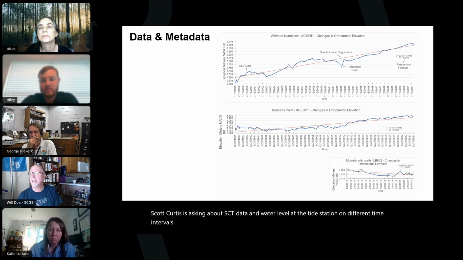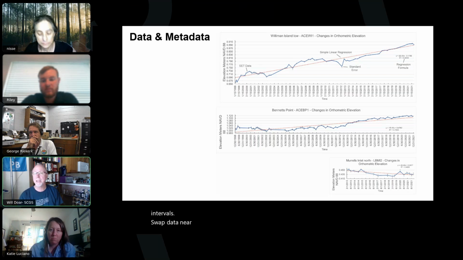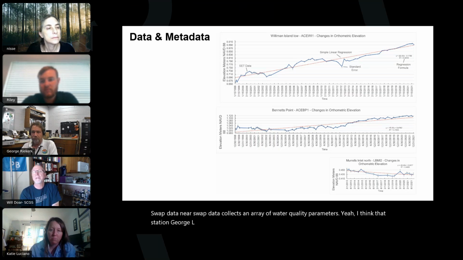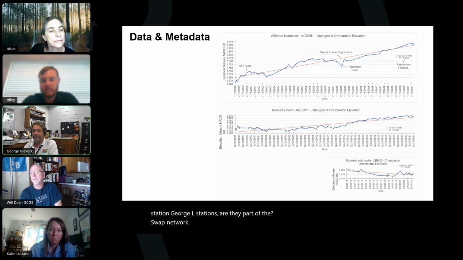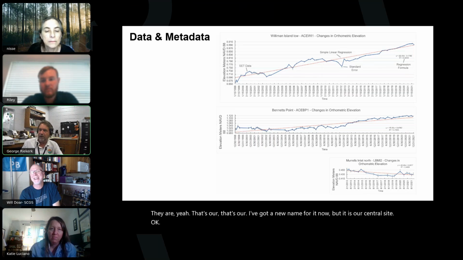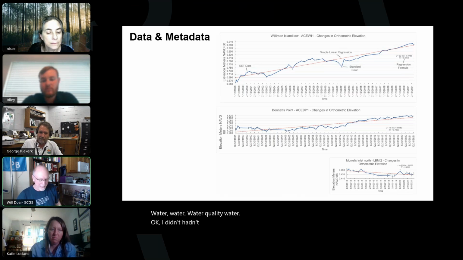The SWAMP data collects an array of water quality parameters. Yeah, I think that station, George Yell's stations, are they part of the SWAMP network? They are. Yeah, that's our, I've got a new name for it now, but it is our Sentinel site. Okay. What probes are on that water logger, the water quality logger? Okay, I hadn't keyed into the new name for that, so now I know the new name also.